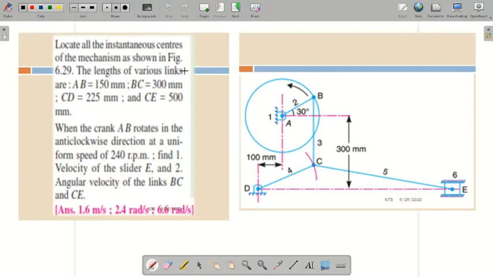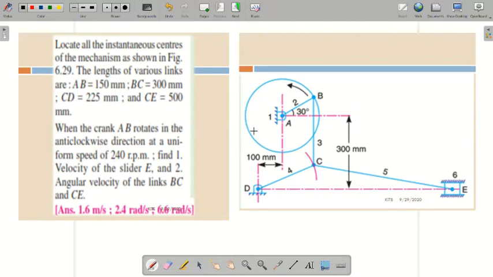Okay, so AB is 150 mm, that is this crank AB. And BC, this vertical line, is 300 mm. Then CD, this line, is 225 mm. Then CE is 500 mm.